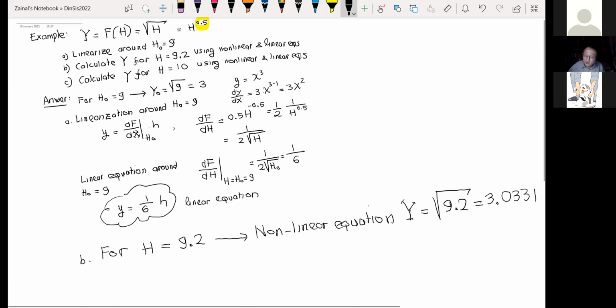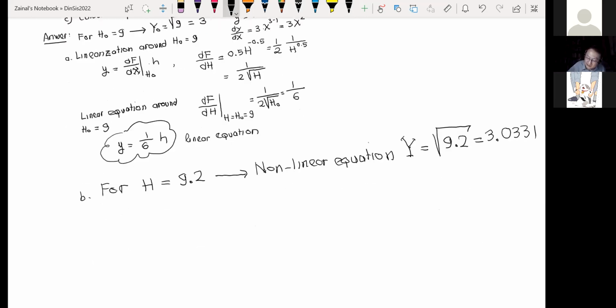Okay, now using the linear equation. h is equal to 9.2, right? While h0 is 9.